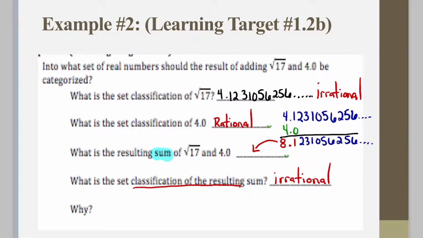And so the question is why? Why do we have an irrational number? Well, a couple of things as far as the why is concerned.